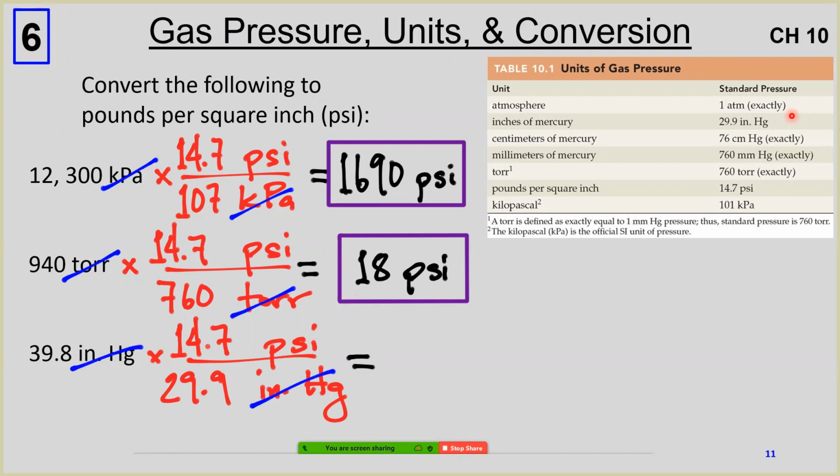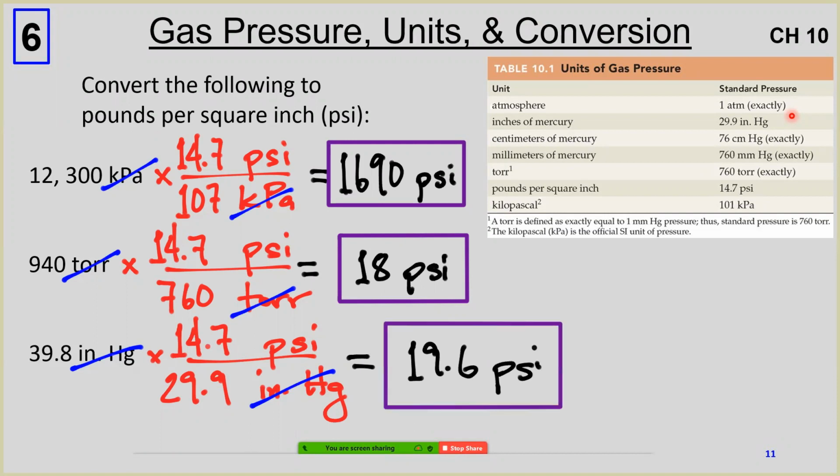So 39.8 times 14.7 divided by 29.9, and we get 19.6 psi. All right, that's how you convert between units of pressure.